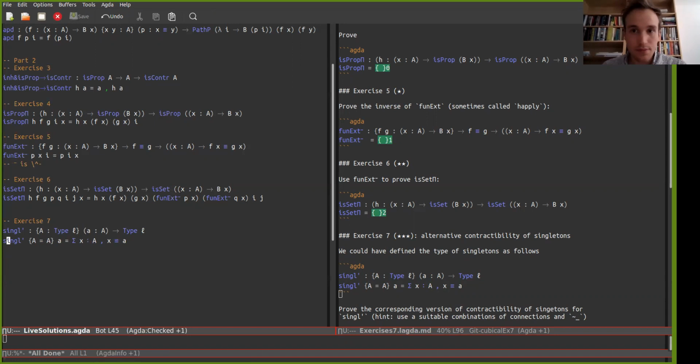In the lecture, it was defined with this path going the other way around, from a to x. But if we reverse this, we can still prove that singletons are contractible.